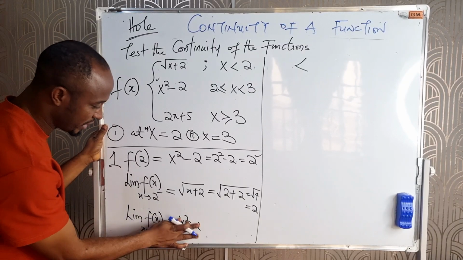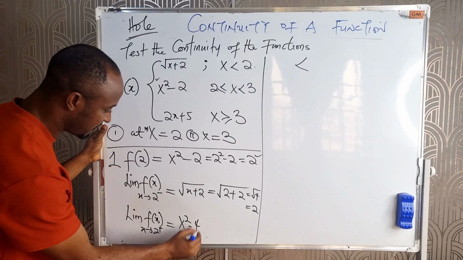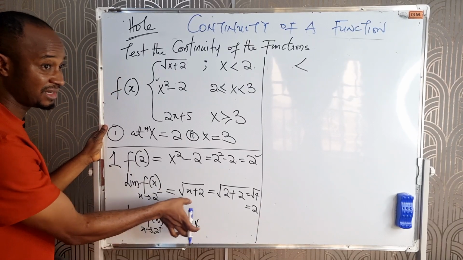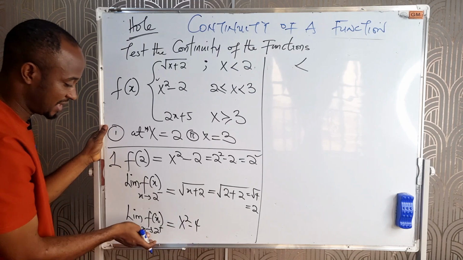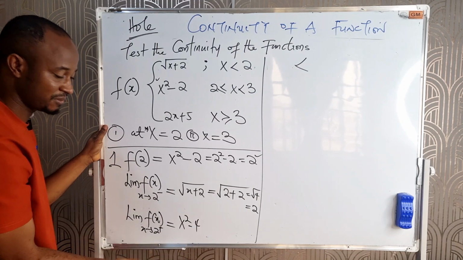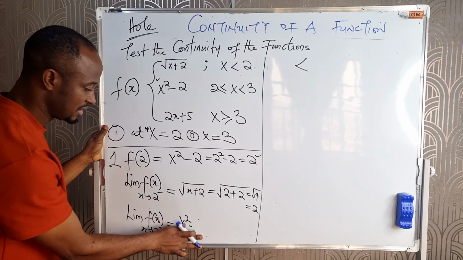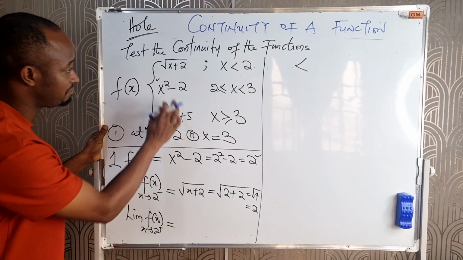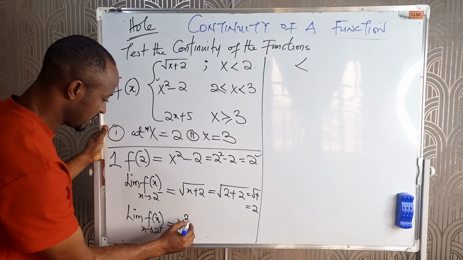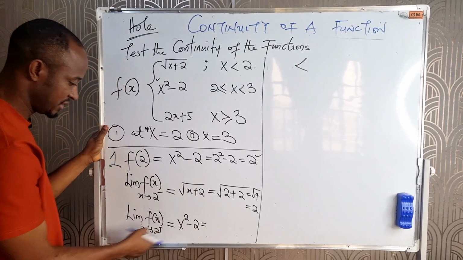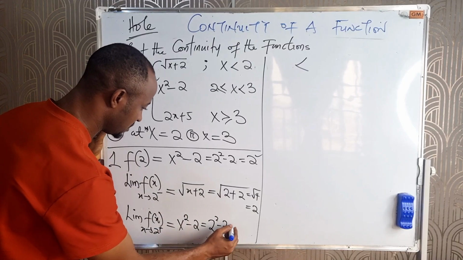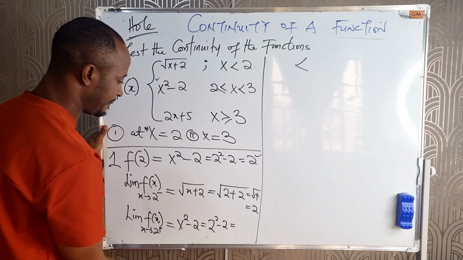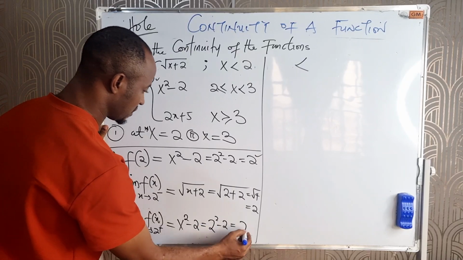Suppose I have x squared minus 4, it simply means I have to factorize this, because by the time we put the value of x, I will have 0. But in this case here, we are told that x squared minus 2. So let's substitute that. That will give us what here? 2 squared minus 2, and that will give us 4 minus 2 equals to 2.